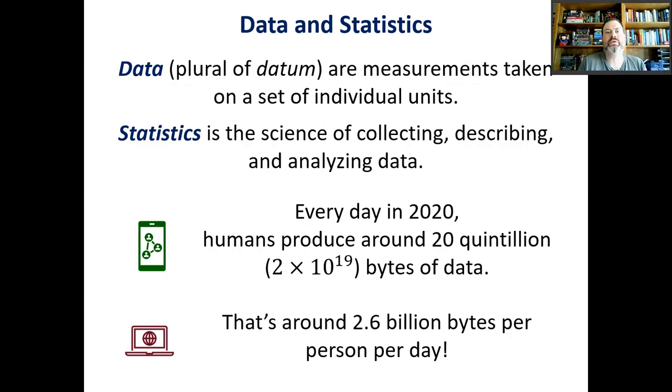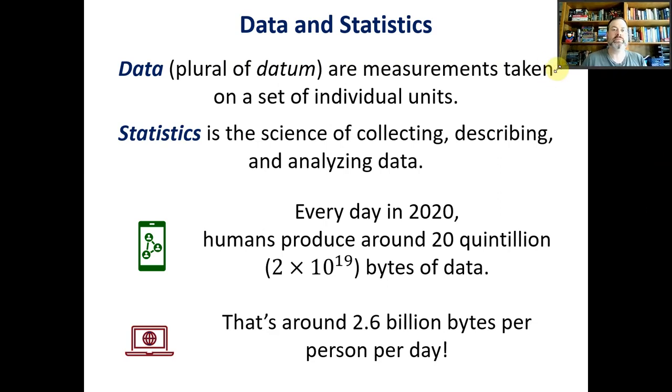The first two things we have to define are data and statistics. Most of you have probably seen these terms before, but because it is a math class, we have to be really technical. So data are measurements taken on a set of individual units. As in all math classes, all the definitions are real technical. Notice it says measurements, that's important.